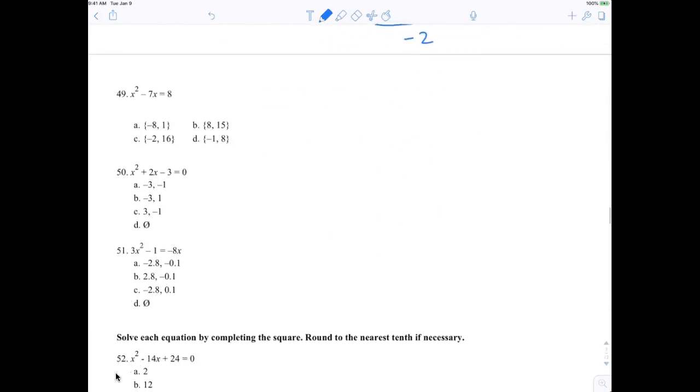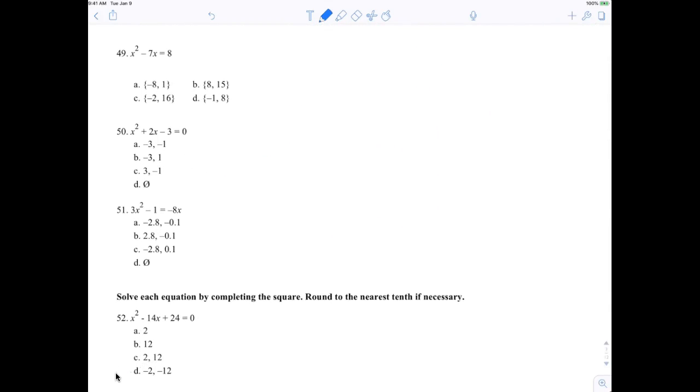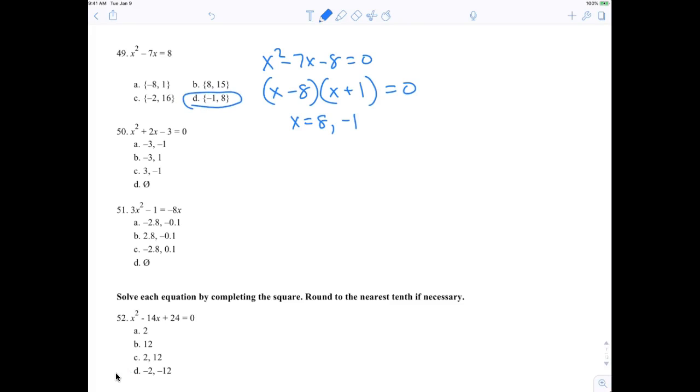All right, here we go. 49. Now again, I would factor this. X squared minus 7x minus 8 equals 0. So that factors to minus 8 and plus 1. So x is either what? Yes. So the answer is D. Now once again, I always look at my answers to see the best way.